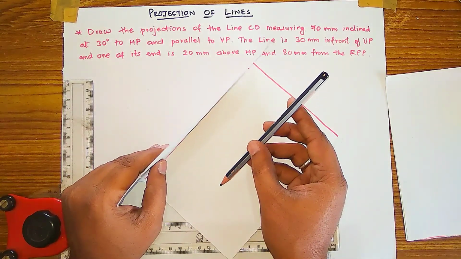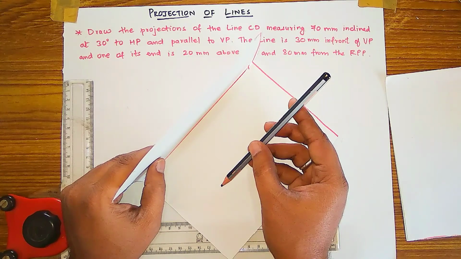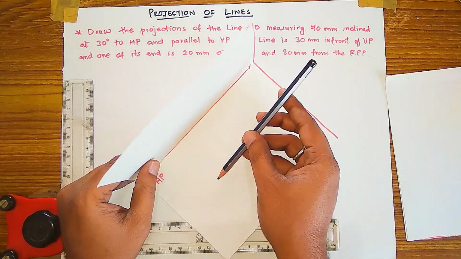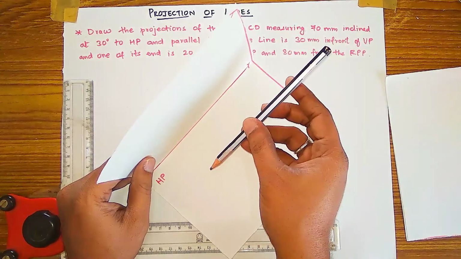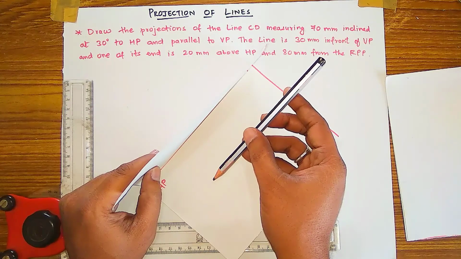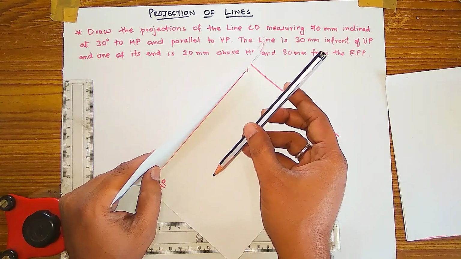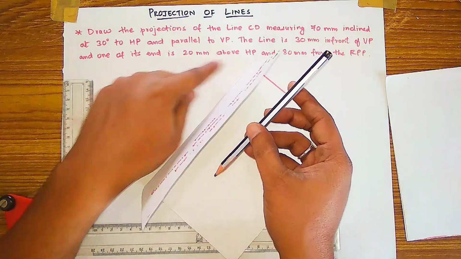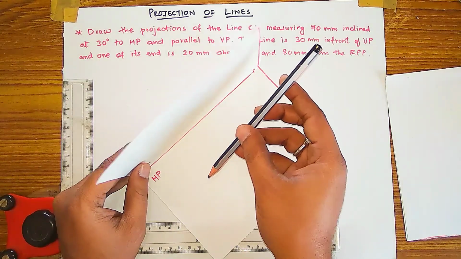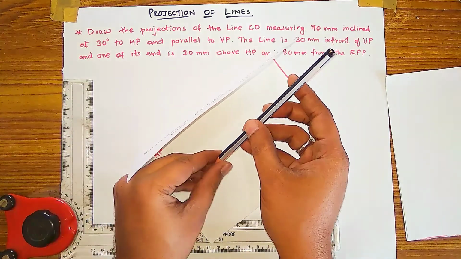The line is 30 mm in front of VP, means this line is at a 30 mm distance from the VP like this, and one of its ends is 20 mm above HP, means 20 mm above the HP like this. So your line CD is like this.